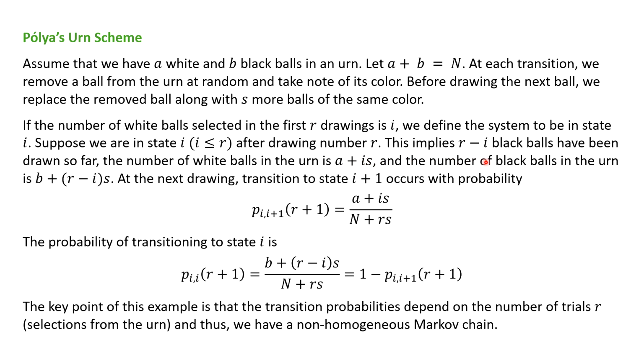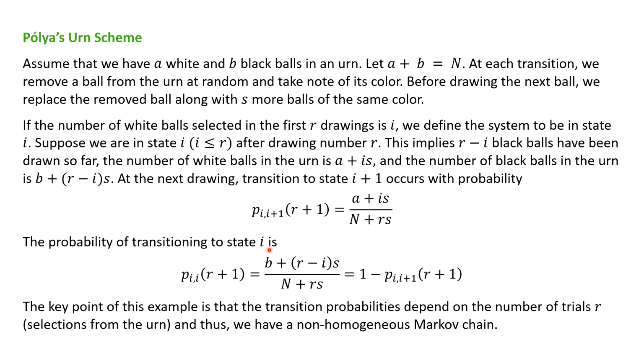It's similar for the number of black balls: it would be B plus R minus I times S. So at the next drawing, the transition to I plus 1 occurs with the probability given here. This is the total number of balls in the urn at that point, and this is the number of white balls. So this is the probability of picking another white ball.